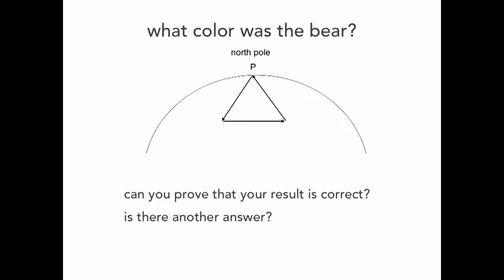So for example, can you prove that your result is correct? Are you really sure about your answer? Are you willing to bet money that that bear is white? Could there possibly be another answer? If you say no, you might in fact be losing the bet, because is there another place on the globe where this geometric progression exists?